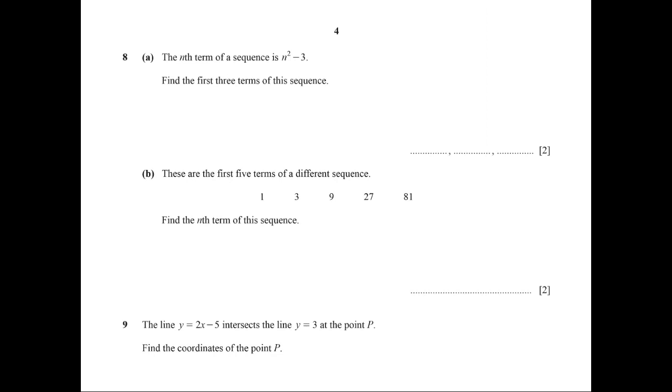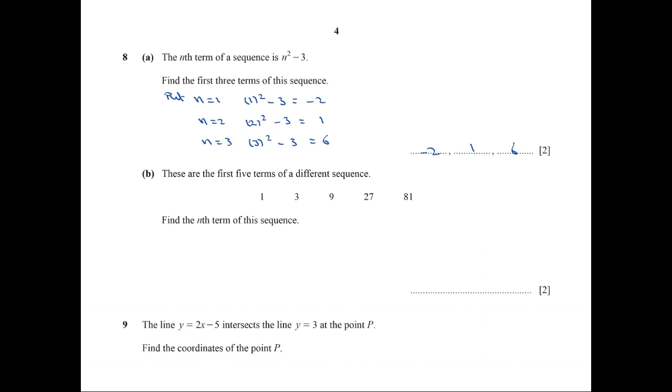Put n equal 1, 1 power 2 minus 3 is equal to negative 2. n equal 2, 2 power 2 minus 3 is equal to 1. n equal 3, 3 power 2 minus 3 is equal to 6.